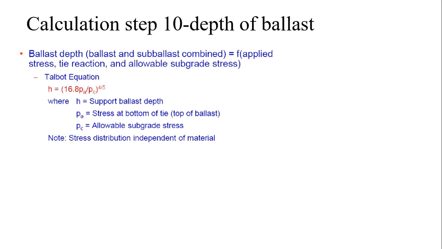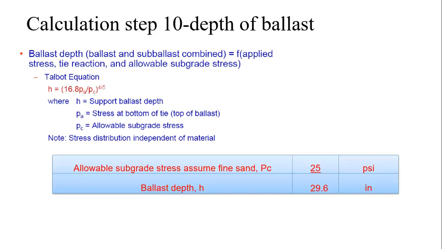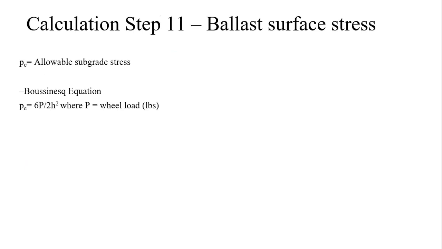So we know PA and we know PC, so our ballast depth is 29.6 inches. For the ballast surface stress, we use the Boussinesq equation, and we know that our stress is 286.62 psi.